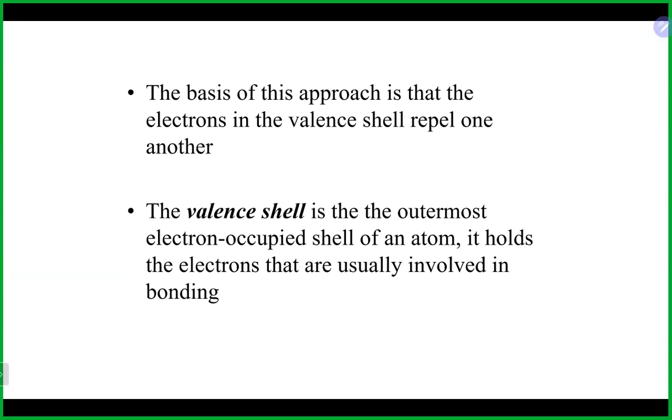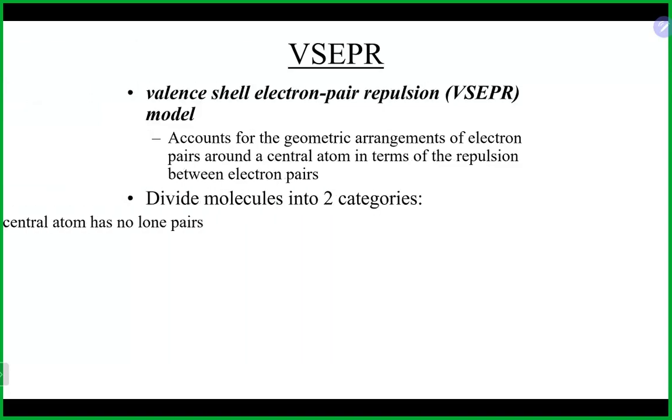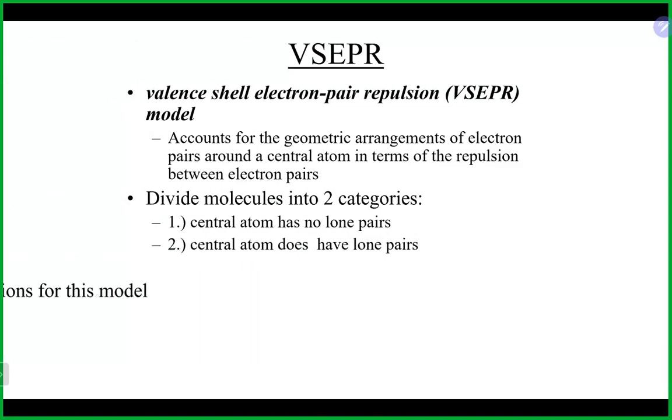And if you think about it, as the electrons start to move, and there's atoms attached to those electrons in a bond, those atoms are going to start to move. And that's going to affect the overall shape of the molecule as these electrons try to get away from each other. Everybody's going to kind of move with the electrons in some cases. And that's going to cause some different shapes that we see in terms of the geometry of these particular structures. This is known as VSEPR, which stands for Valence Shell Electron Pair Repulsion Model.